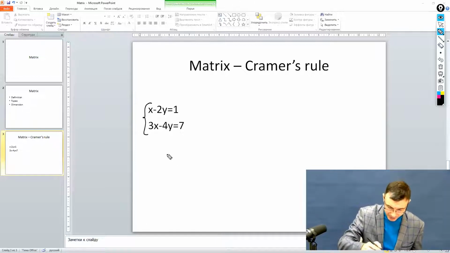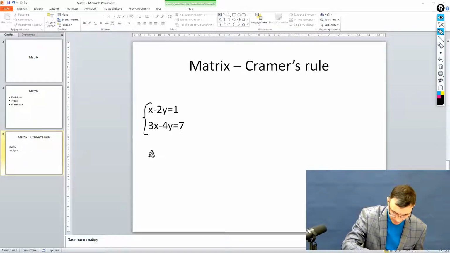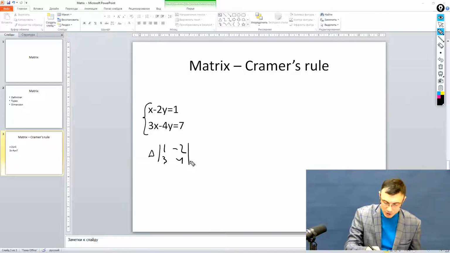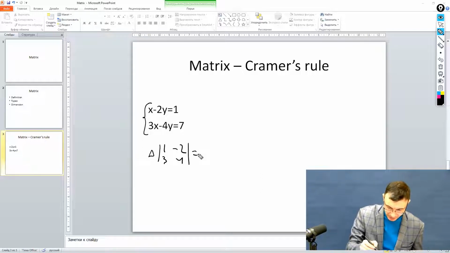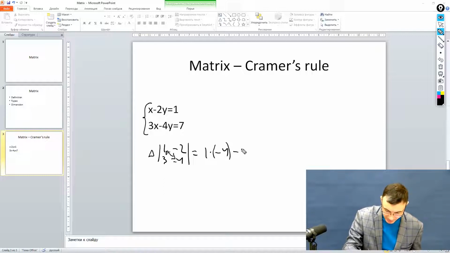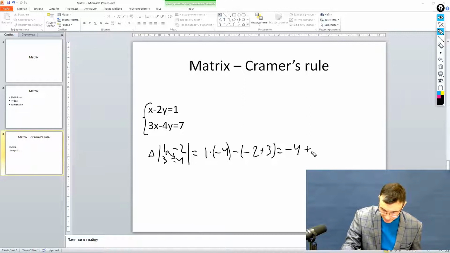So we put here the coefficients of this matrix and then apply the rule of diagonals: one multiplied by minus 4, then minus 2 multiplied by 3, minus 4 plus 6, and we have 2 as a result.